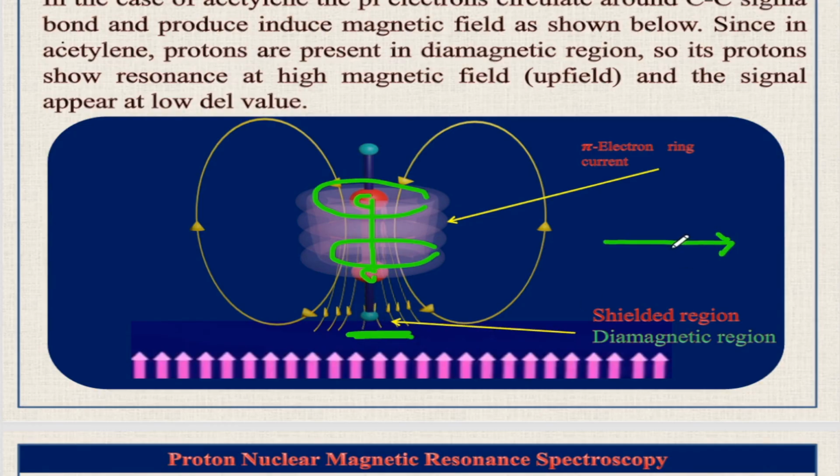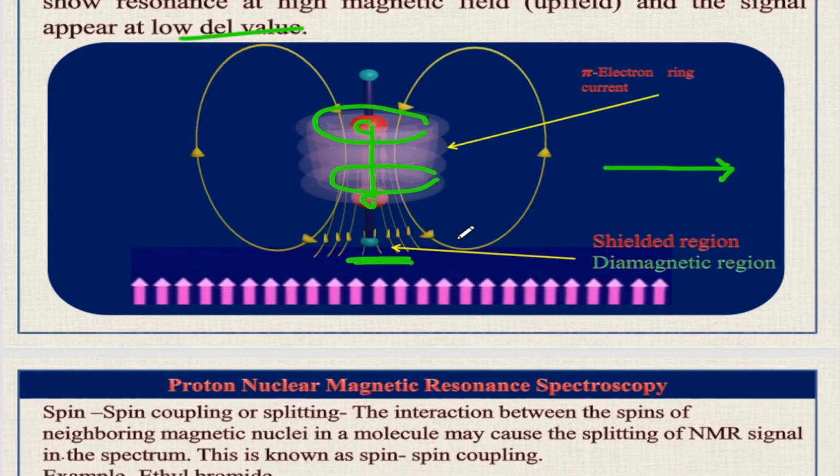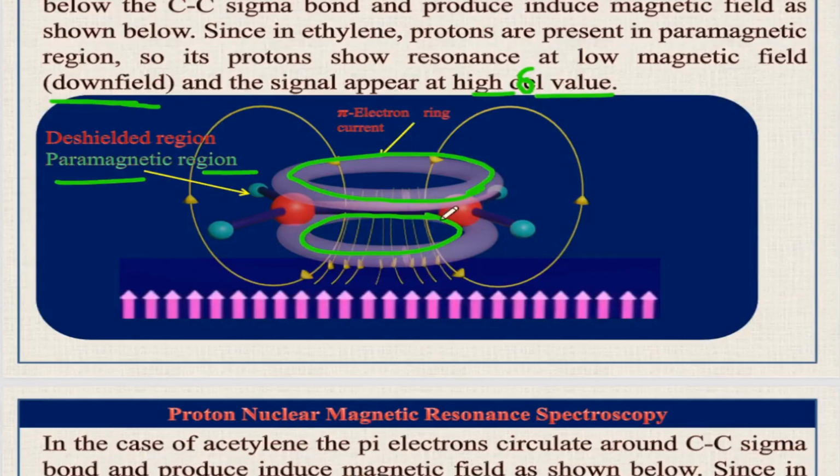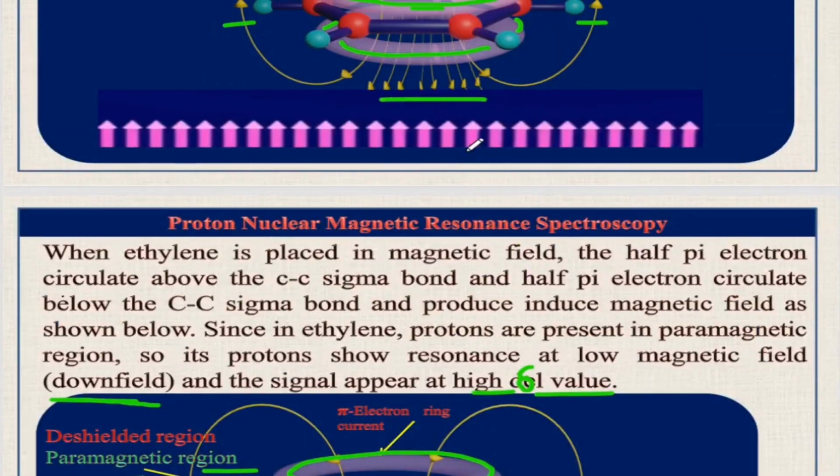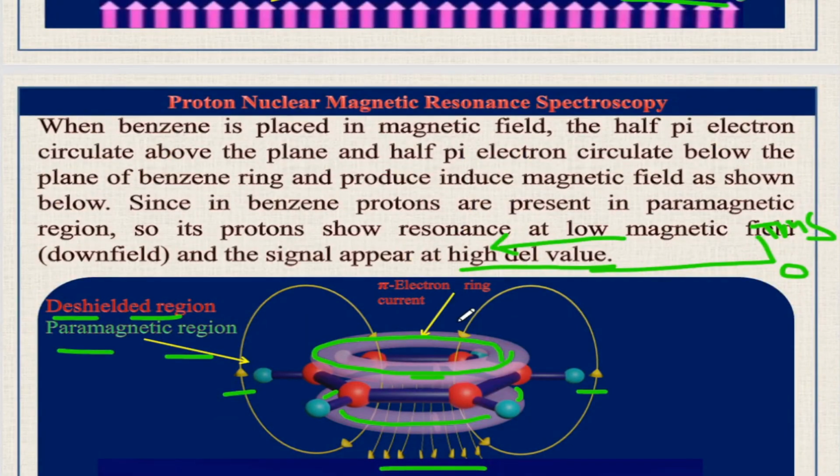The absorption shifts towards high magnetic field, and the signal appears at low del value. So in acetylene the signal appears at low del value, and in alkene and benzene, the signal appears at high del value.